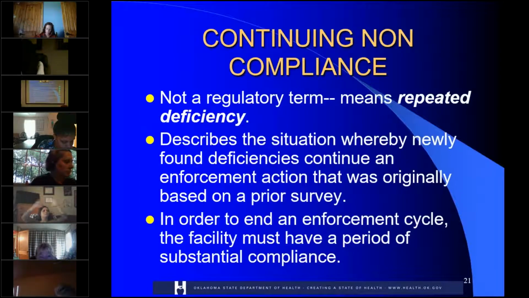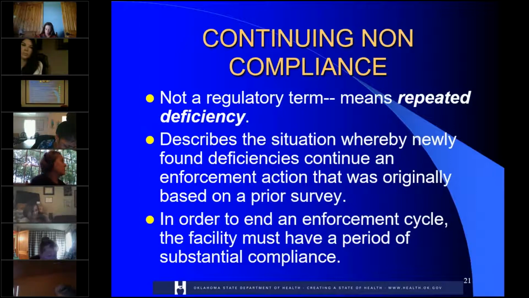Continuing non-compliance. This is not a regulatory term. However, it means repeated deficiency. So we go out in April, for example, and we cite F600, and we go out to do the revisit, and it's continuing, like they did not correct it at all. It's continuing non-compliance.